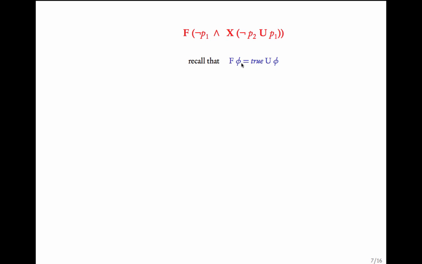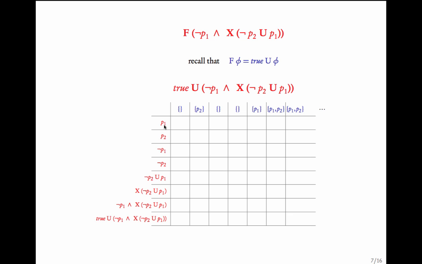Recall that F of phi is true until phi. Let us rewrite F using until. You will get true until this entire thing. What are the subformulae? Before that, let us consider some word. What are the subformulae?